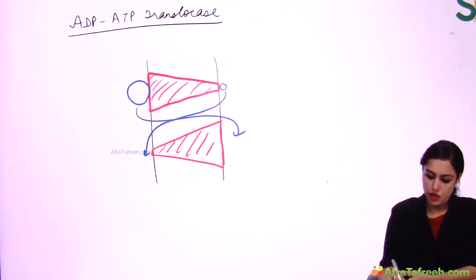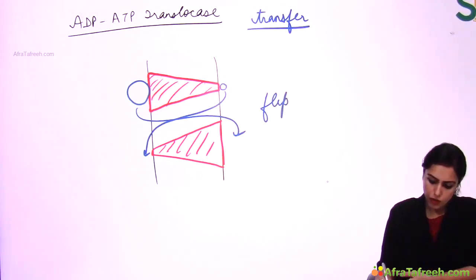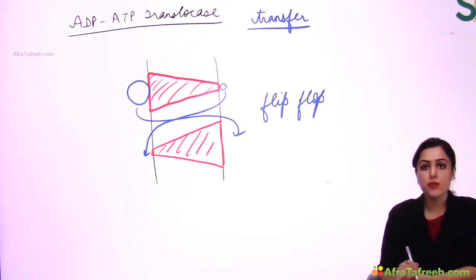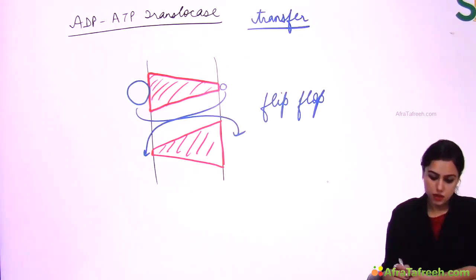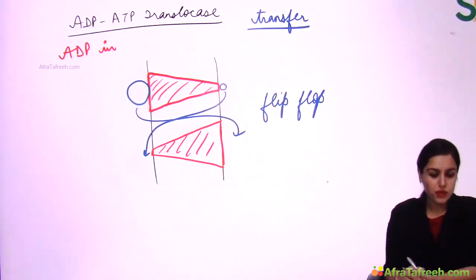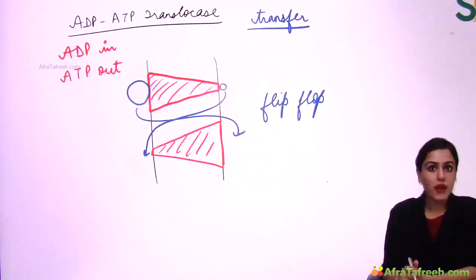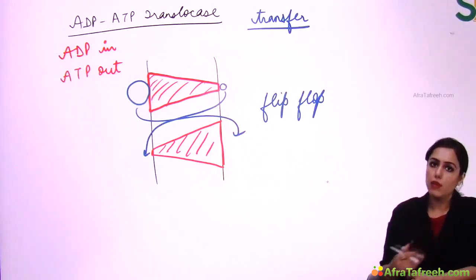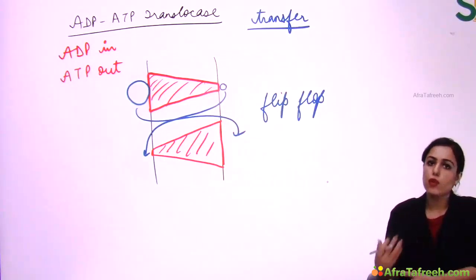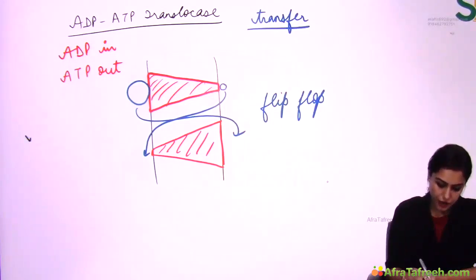This way it can transfer substances across the inner mitochondrial membrane because of the flip-flop mechanism. This translocase will bring ADP inside because that is the substrate for complex 5, and it will take ATP outside. Whatever ATP is formed via ETC in the mitochondria will be taken outside into the cytoplasm for use in anabolic reactions, right?